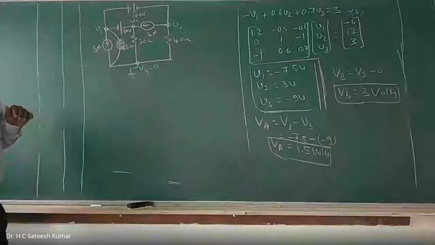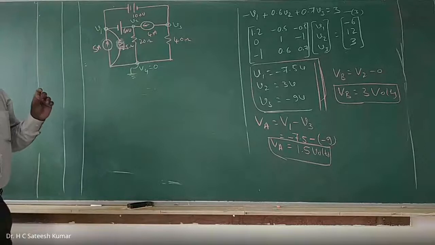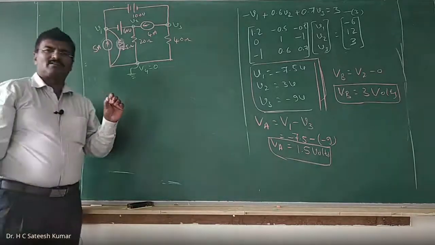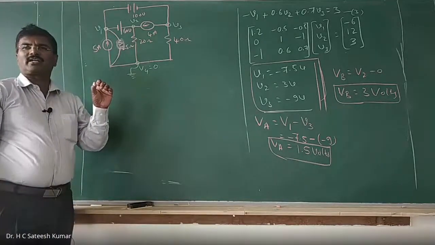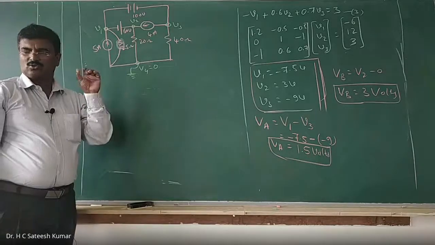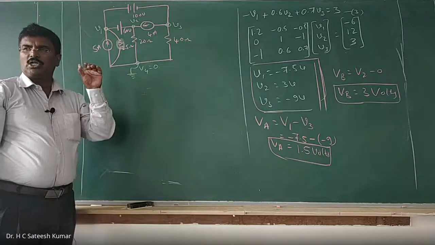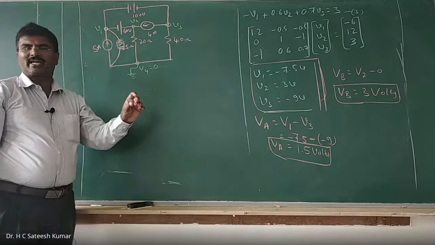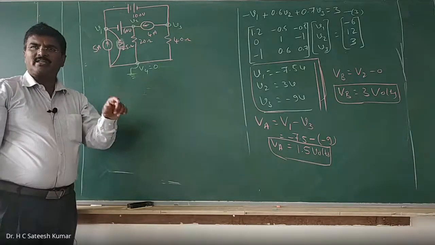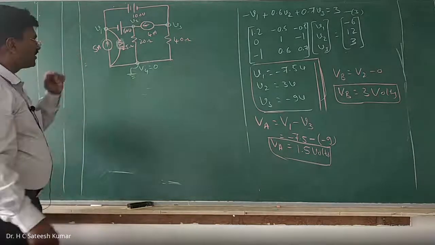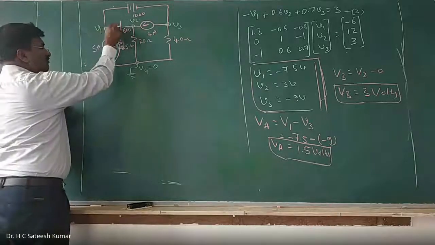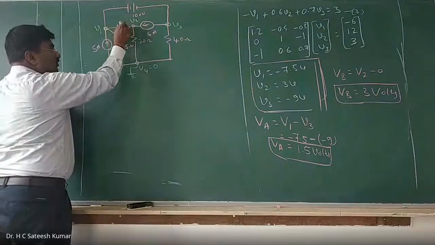Now, observe here. My statement says that whenever there is a voltage source connected between any two principal nodes, then you need not apply the KCL node directly. Instead, combining them, you make a single node. Beauty of the concept here is between these two there is a voltage source without any series resistance.